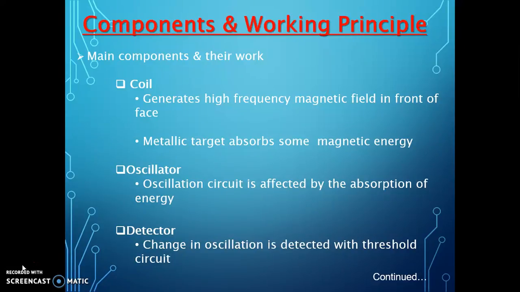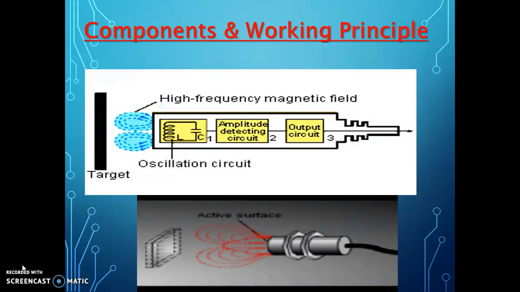The coil generates a high frequency magnetic field in front of the face, and when a metallic target comes into this field, it absorbs some of its energy. Hence the oscillator field is affected, and the rise or fall of such oscillation is identified by a threshold circuit that changes the output of the sensor.